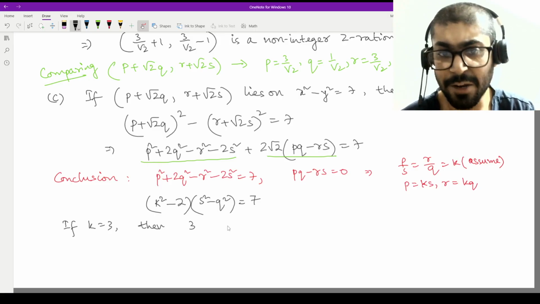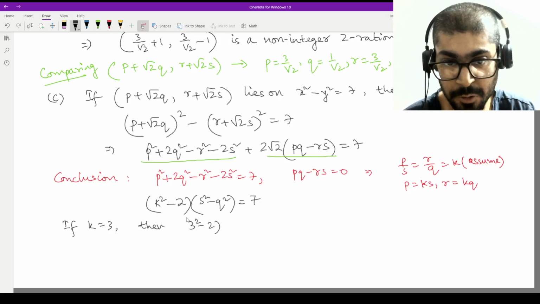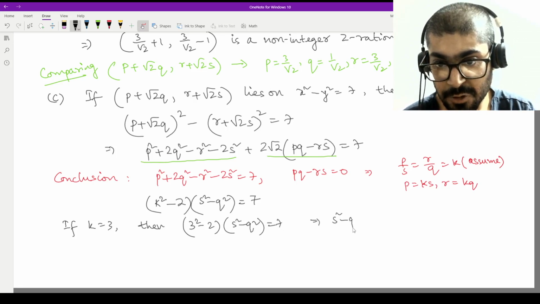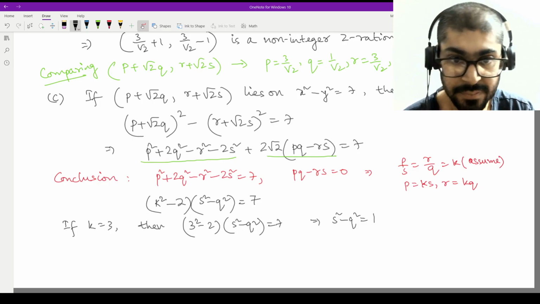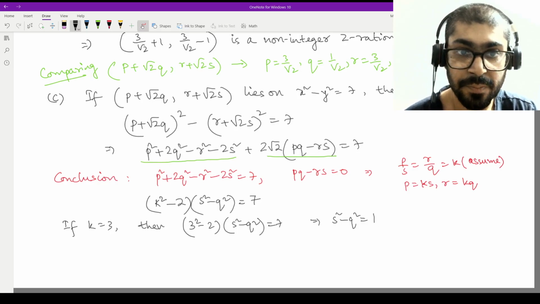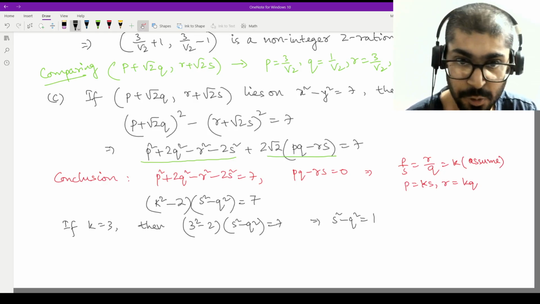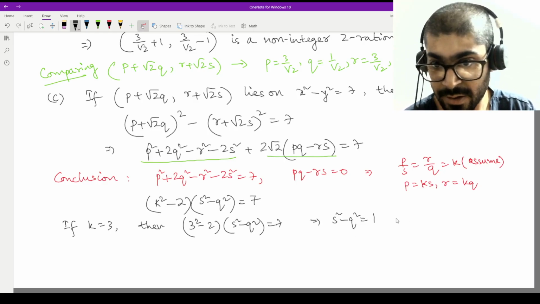So just set k equal to 3, then you get 3 square minus 2 into (s square minus q square) equal to 7. So that would give you 9 minus 2, 7. So s square minus q square would be equal to 1. This means that (s plus q) into (s minus q) equal to 1, right?